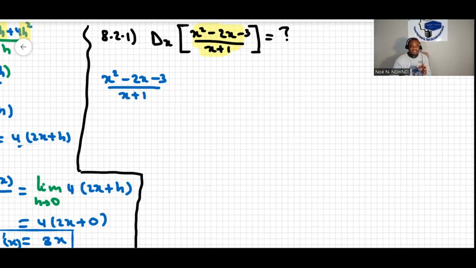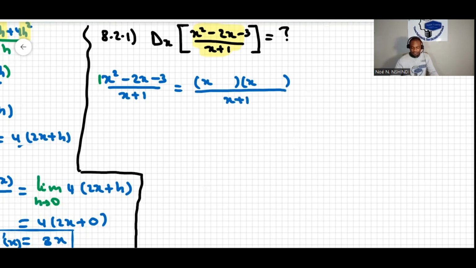Okay, in situations like this, we see if we can simplify the fraction, or simplify the function, and then see if we can differentiate it. Now let's see, x squared minus 2x minus 3, I can put x in the brackets like that. We do that when the leading coefficient is just 1, put x in the brackets like that, as I did, and then over x plus 1.